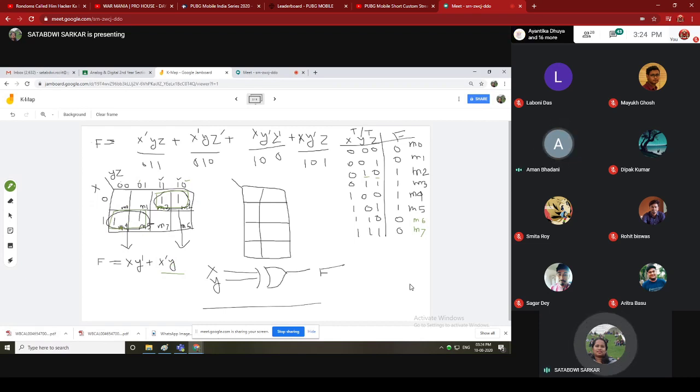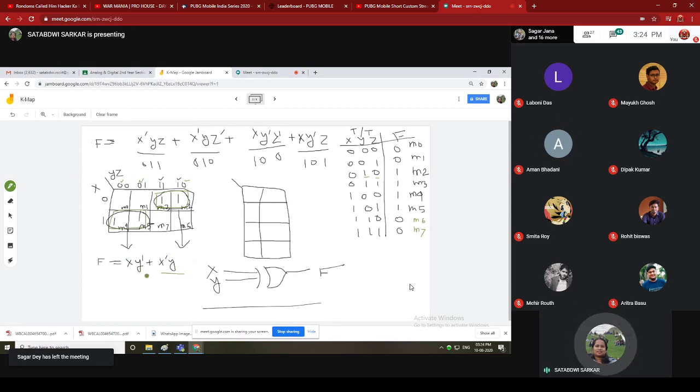And from these two cells, M4 and M5, making a group, x is 1 and y is 0. See here, y is 0, so it is y bar. So this is the expression.